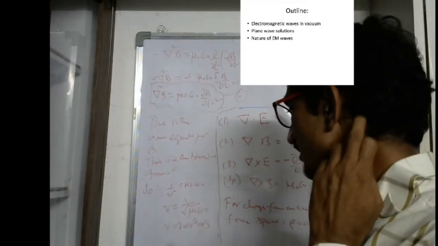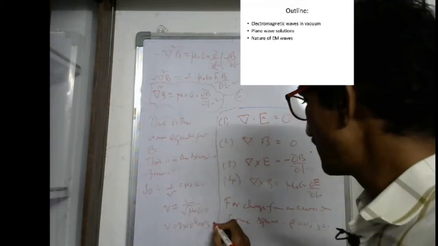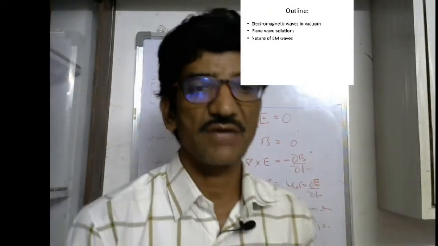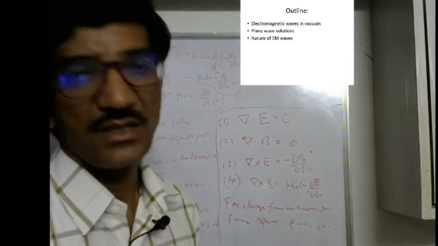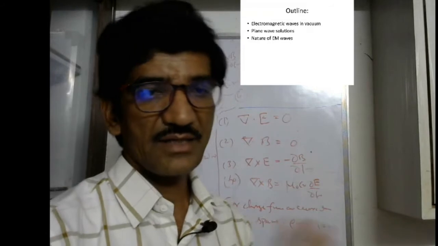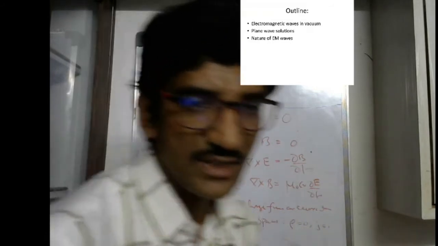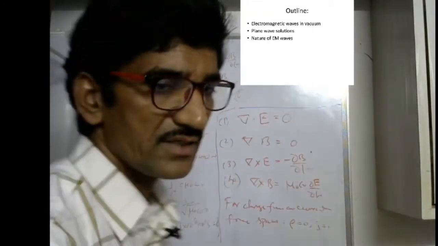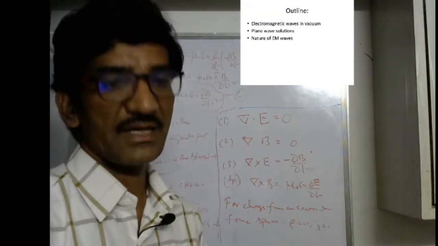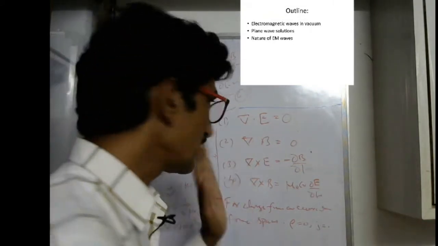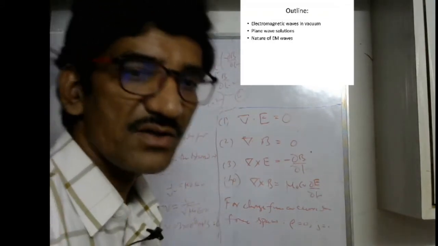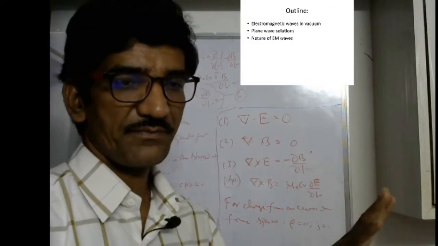This is nothing but the velocity of light, c. So both waves are traveling with the velocity of light. The electric and magnetic components propagate with the same speed. That's why we call these waves electromagnetic waves. Both E and B components follow similar wave equations, and the wave velocities are also the same.